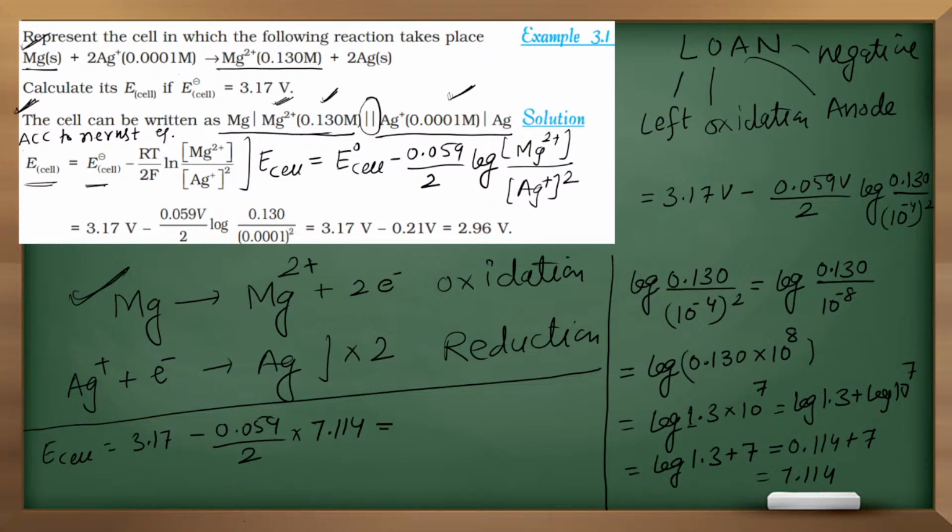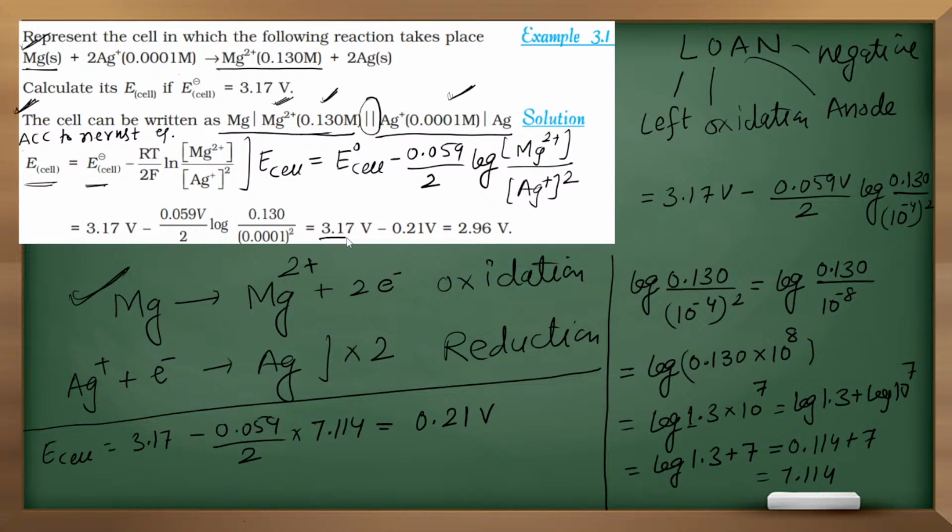So 7.114 into 0.059 divided by 2 is 0.209, which means 0.21 volt.